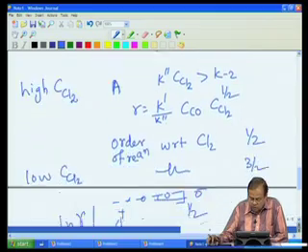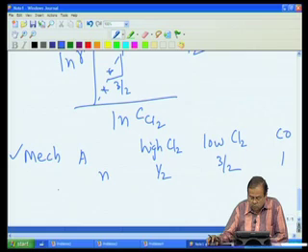What I will do is slightly modify this so that we get everything.